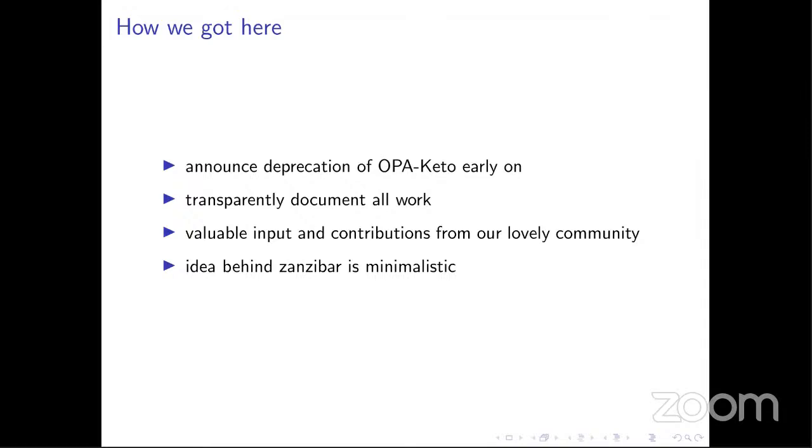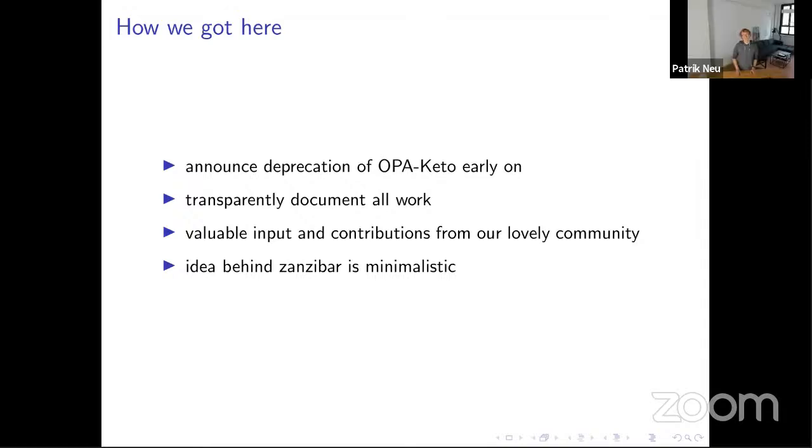We also noticed that the idea behind Zanzibar is very minimalistic. Just before the talk, I checked: our check engine implementation is 39 lines of code, which is ridiculously small.